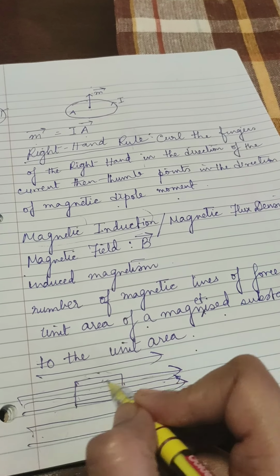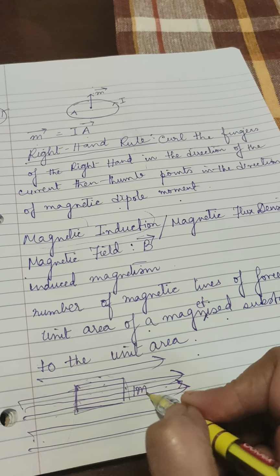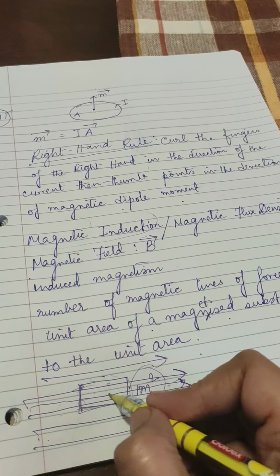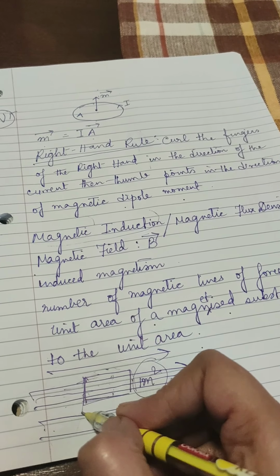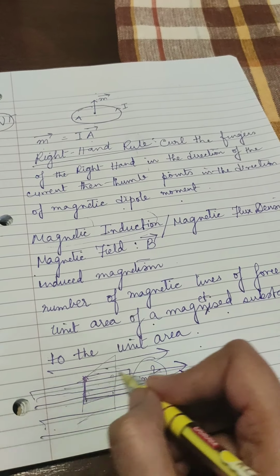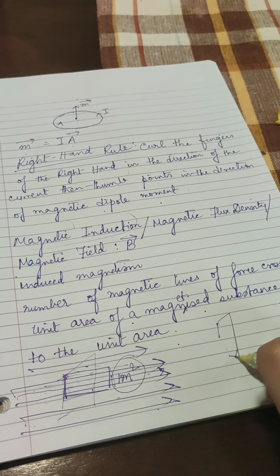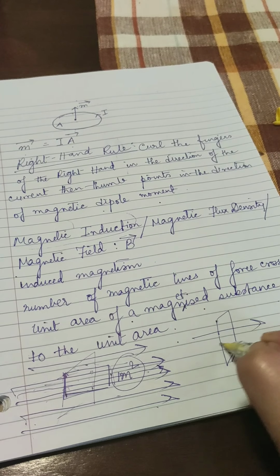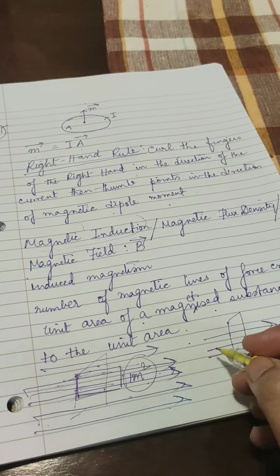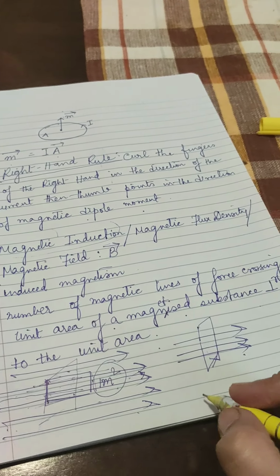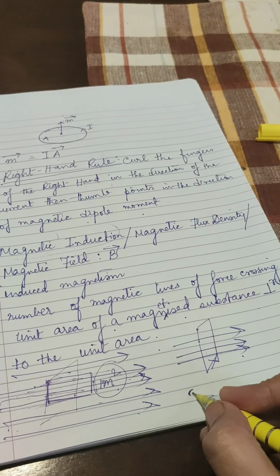Suppose this substance is of 1 meter square area. So how many lines of force have passed? 3 lines of force have passed perpendicular to that area. The area is perpendicular to the magnetic lines of force, like this. So the magnetic induction, or magnetic flux density, or magnetic field will be 3 Tesla.